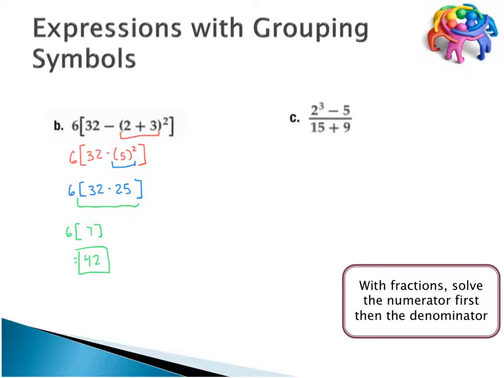So let's get started. So for this one, I got this exponent to deal with first. So my bottom will stay the exact same. And now I have 8, because remember, 2 cubed is 2 times 2 times 2. So 2 cubed is 8 minus 5.